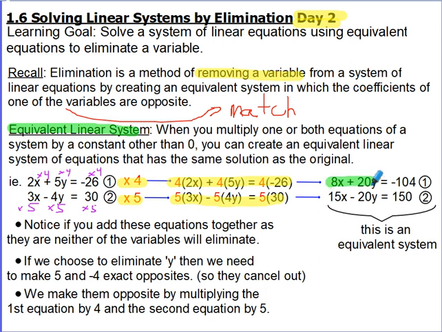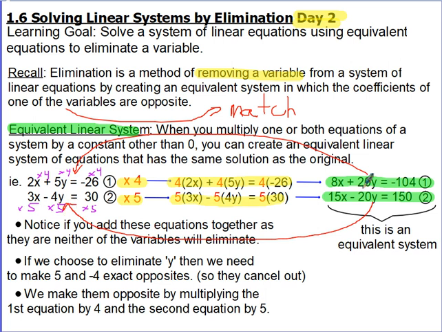So 8x plus 20y equals negative 104 for equation 1. That equation is equivalent to the original one. And the same with equation 2: we have 15x minus 20y equals 150, and that equation is equivalent to the original equation 2.